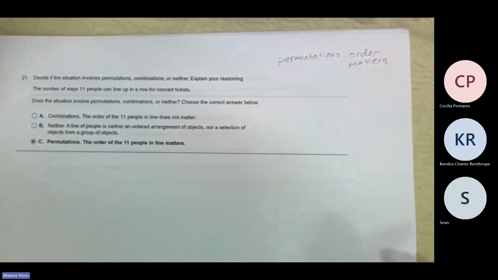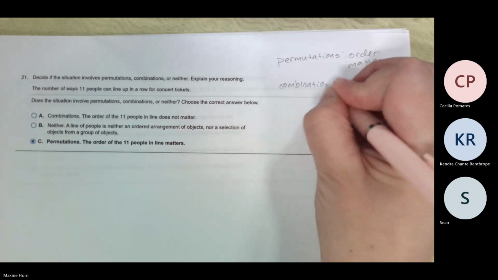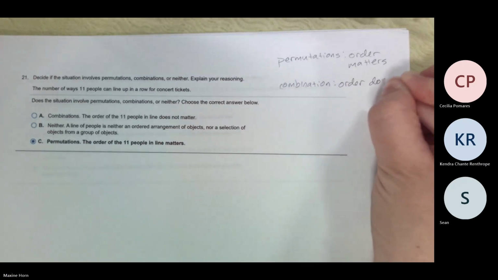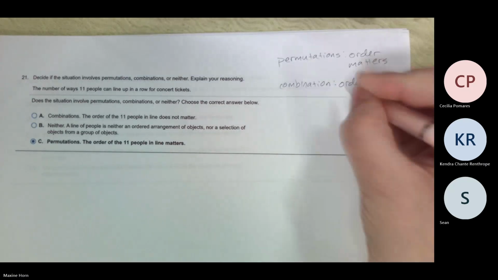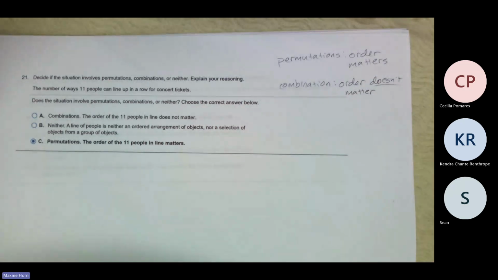I care if I come in first in a race versus fifth. But a combination, the order doesn't matter. Which is why a combination lock is misleading, because the order that you put those numbers in actually matters.